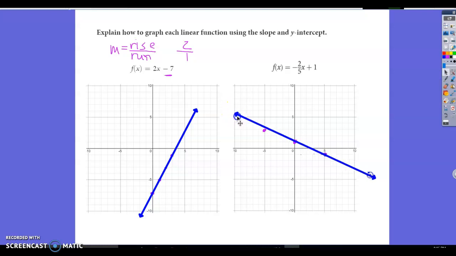See if I can line it up just a little bit. I can't get it lined up exactly, but that's pretty close.